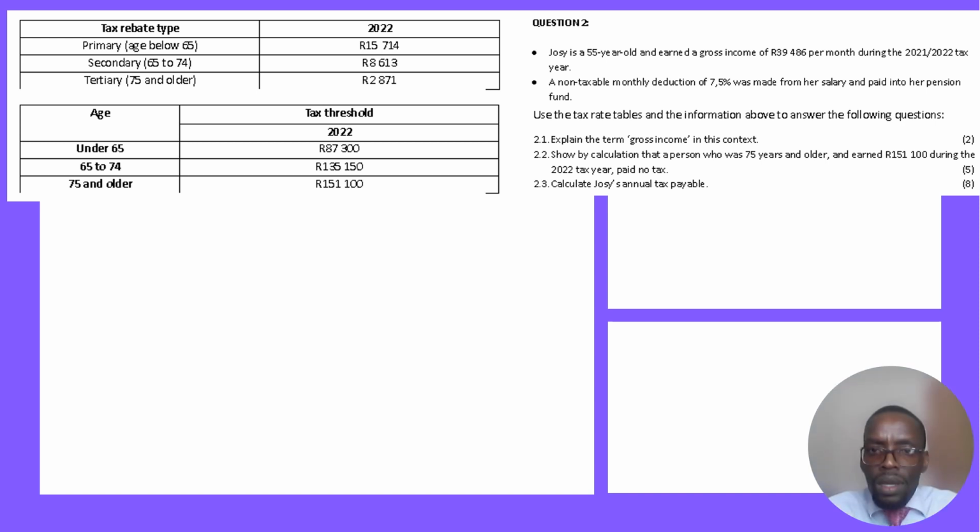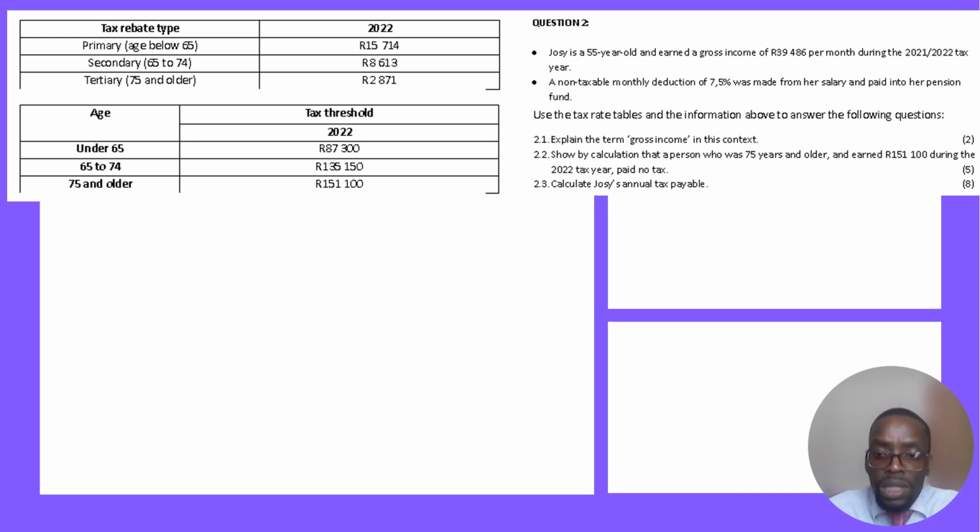All the best. Right, so let's just start by looking at the first question here. We are told to explain the term gross income in this context. Like what we looked at previously, when the question says in the context, it means you need to give your answer based on what has been given. So what is gross income?